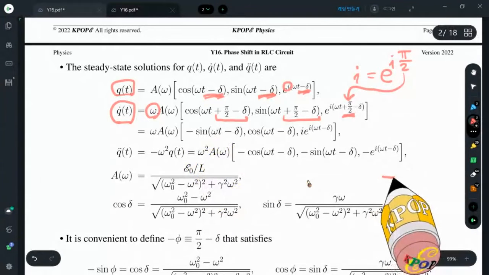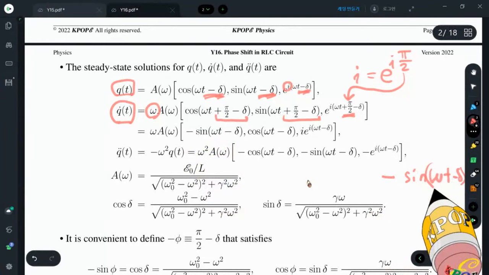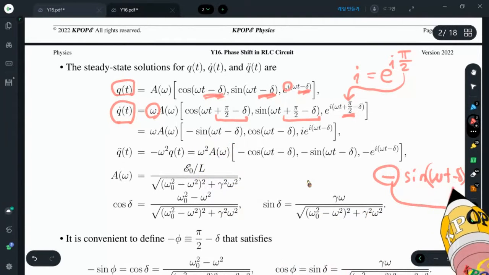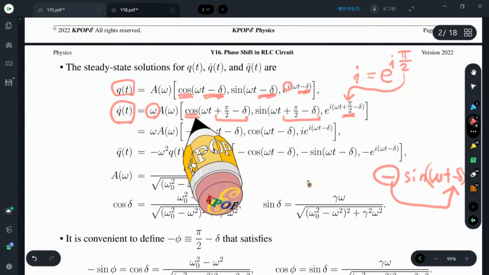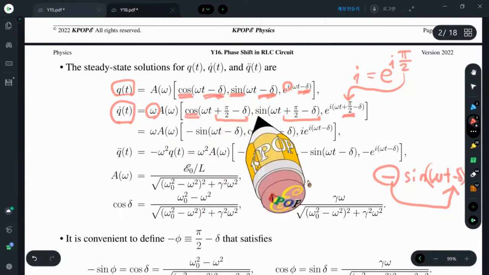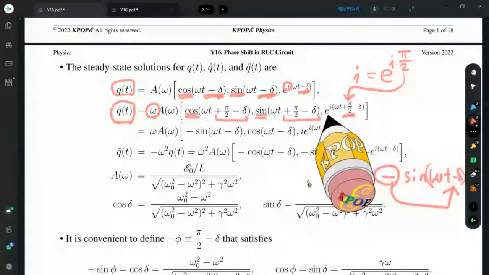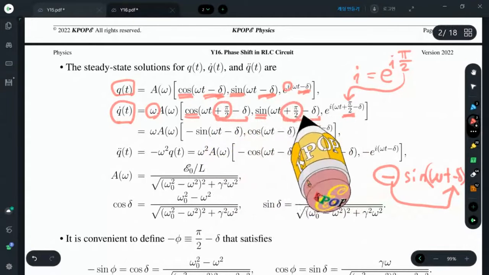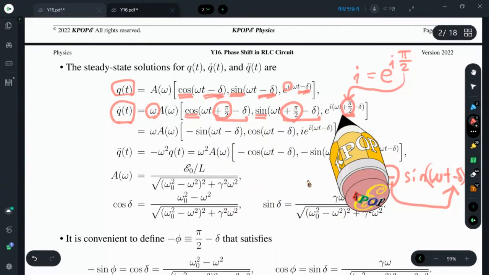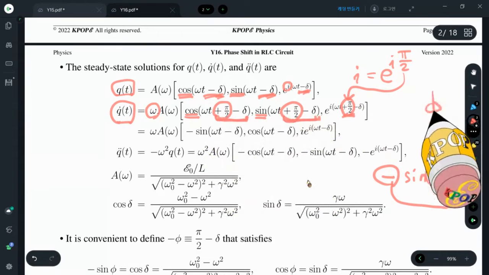We had minus sine omega t minus delta in here, and this minus is included in here to return to the same function cosine, to return to the same function sine, and it is always the same function exponential. Anyway, these are universal. We will treat the sum of these to be phi later.